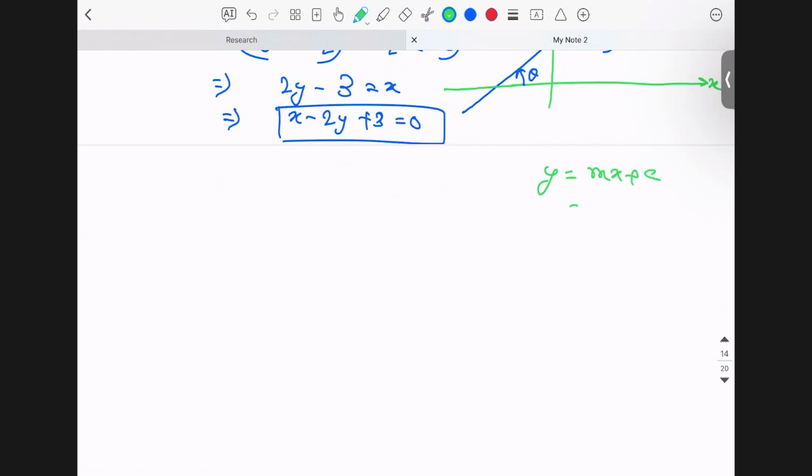Now what is m? m is half, plus c is 3 by 2.